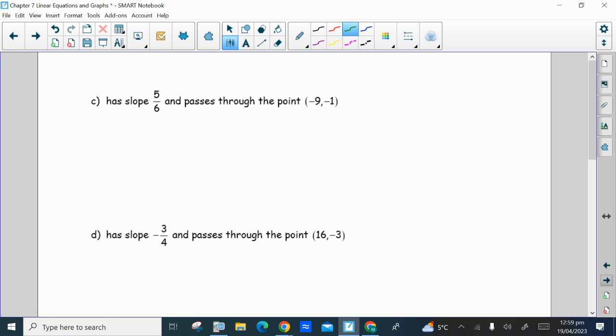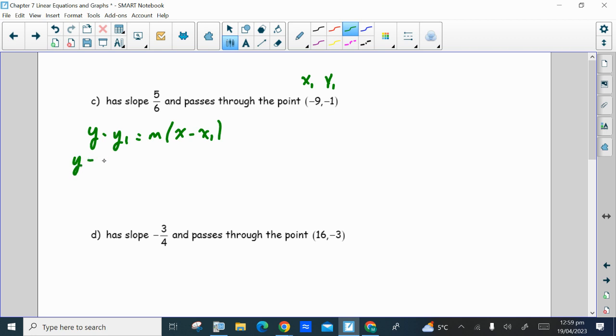Now C, you're not given the y-intercept, you're given another point. You're given the slope, but another point. For this one, I would use point-slope form. Remember, if you got a point, that's x1 and y1, and m, the slope, is 5/6.